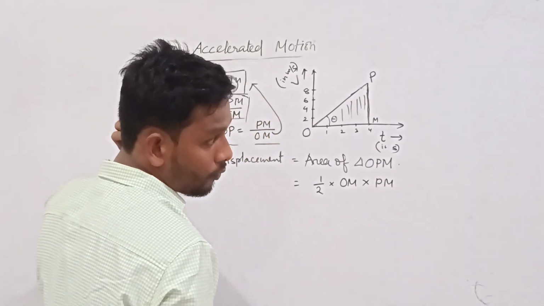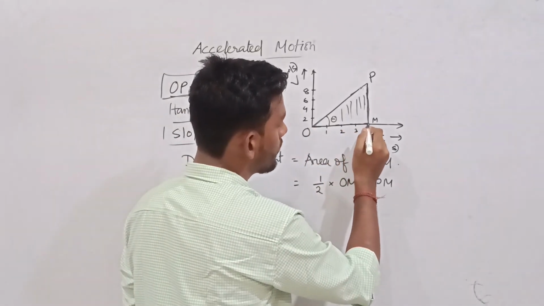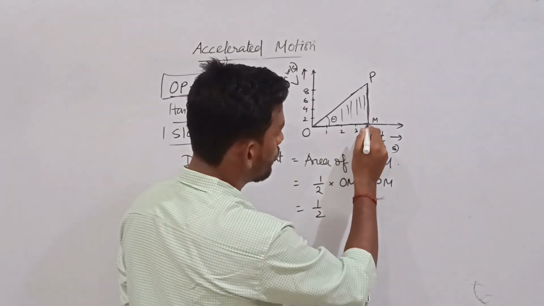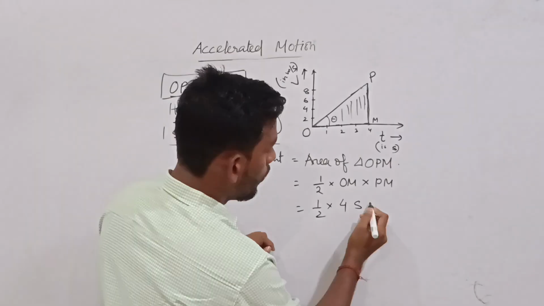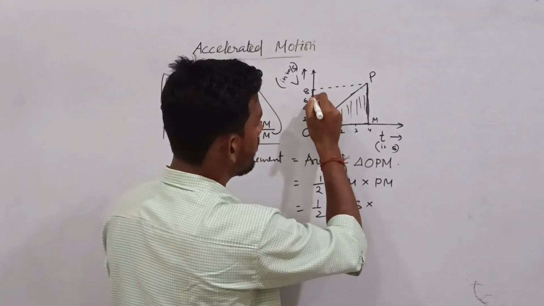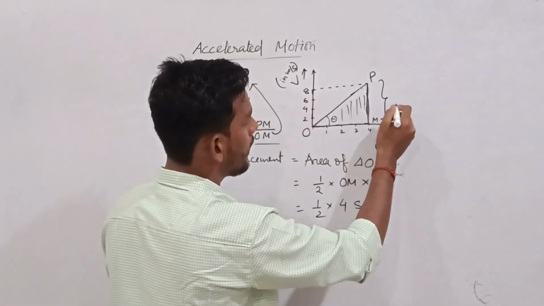Suppose the object is moving from O to P. What is the time that the object takes? 4. So OM is equal to 4, the unit is second. PM means what? If you draw a line like this, PM is like this one, from 0 to 8.